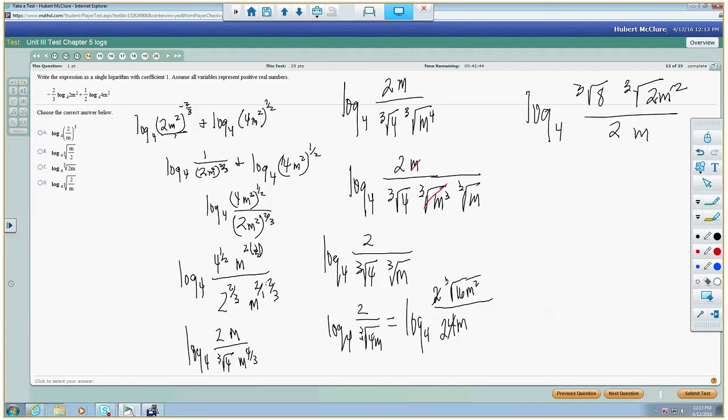Now what happens with the cube root of 8 and 2? So that gives us log base 4 cube root. We're going to start playing that game again. Log base 4 of the cube root of 2m squared over m.